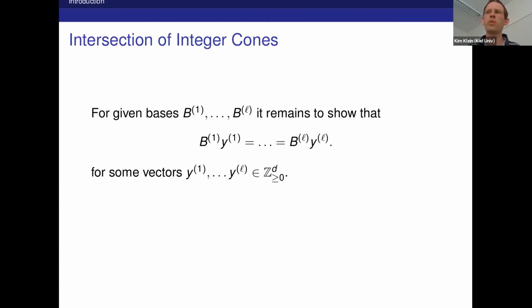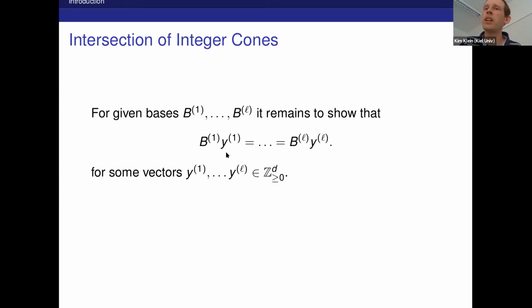So we consider bases, and we would like to find vectors, so we multiply our bases by vectors, such that they all sum up to the same point. The advantage we now have is that we have only parameter many different sets, because the number of bases is bounded by the parameter.